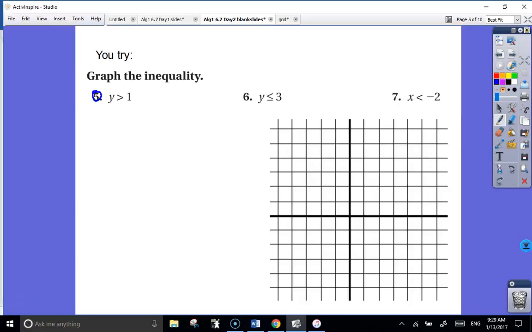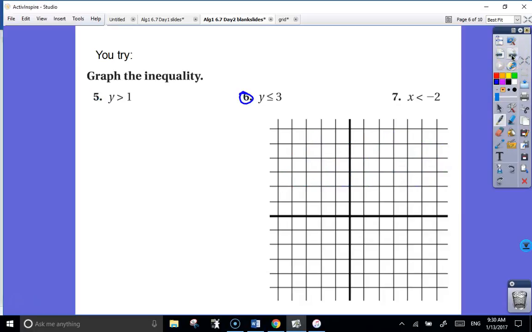What kind of a line am I drawing? Horizontal or vertical? Horizontal, right? Solid or dashed? Dashed. Okay, above or below? Above, because it says greater than, right? That means you could take a point anywhere above that line and it should satisfy the inequality. But if you take a point on the line, it will not satisfy the inequality. That's why it's dashed.